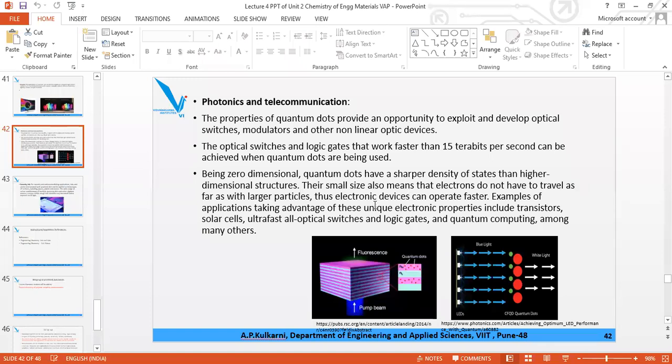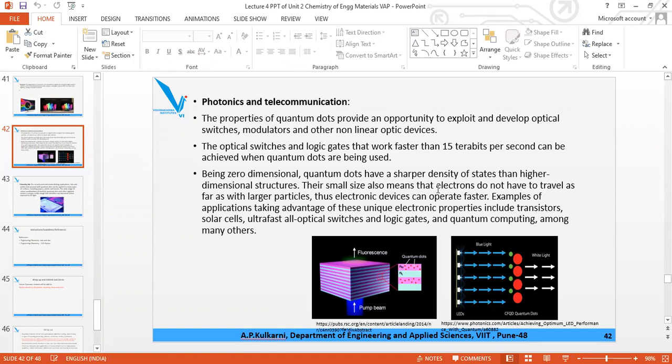Density is usually given in a range, but since they are zero dimensional, their density is not in a range, it is a fixed density. If I say 1.04, it will be 1.04 only. But for first, second, third dimensional, it varies. It is always observed in a range, suppose 1.03 to 1.05, etc.